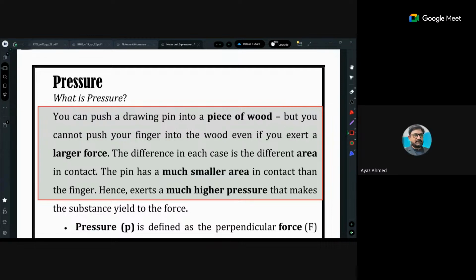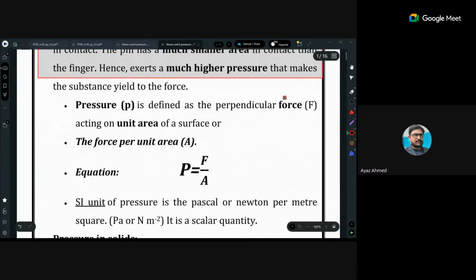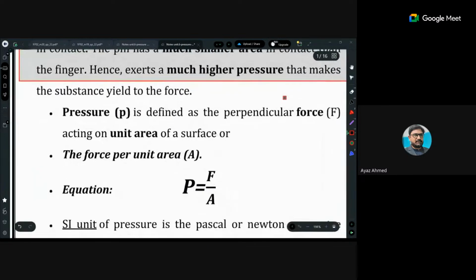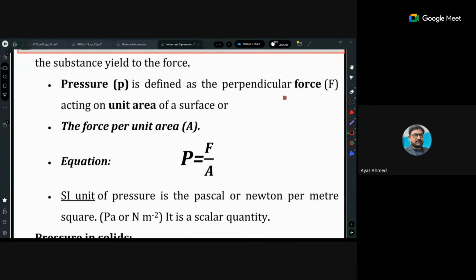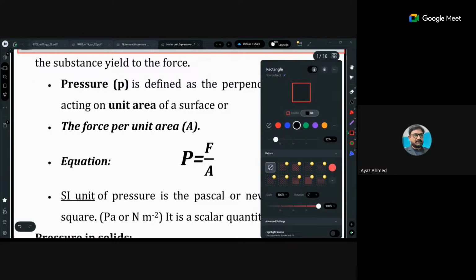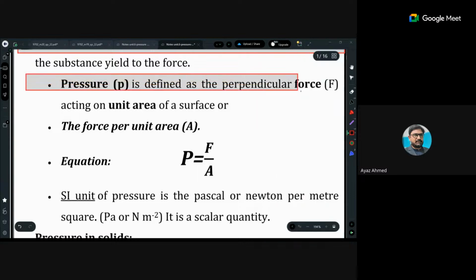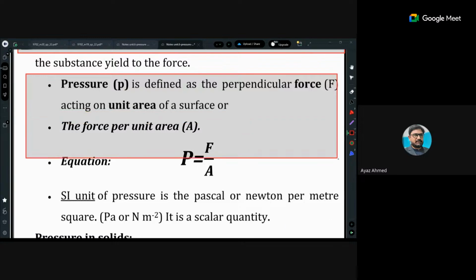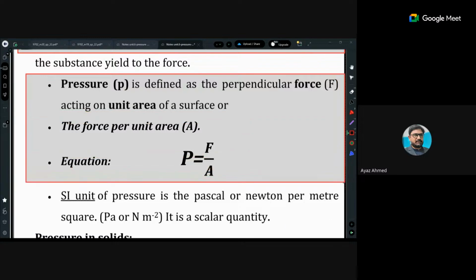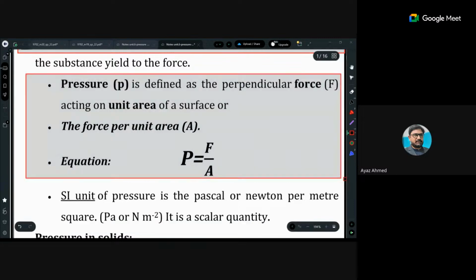Where the area is more, the pressure will be less, and where the area is less, the pressure will be more. So pressure is that quantity which depends upon both force and area. That is why I define pressure as the perpendicular force per unit area. It is a categorical definition that makes pressure different from stress.